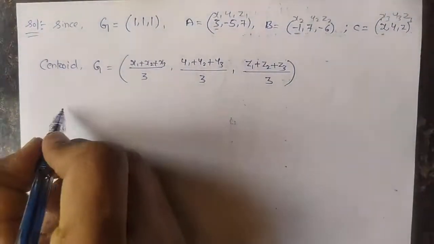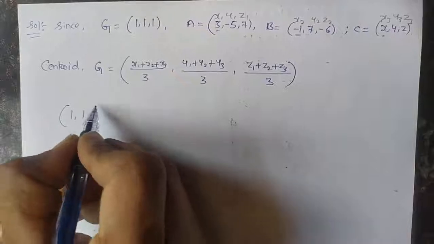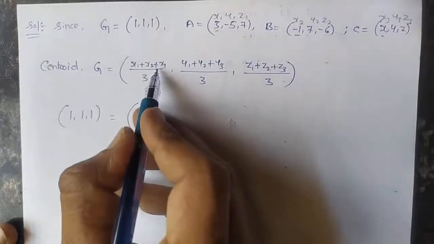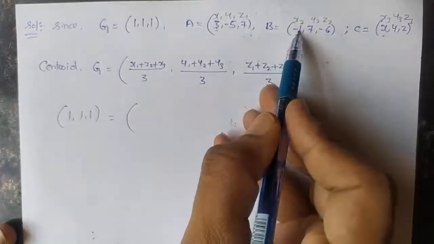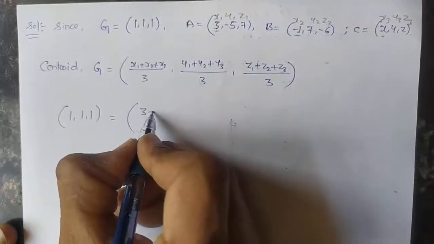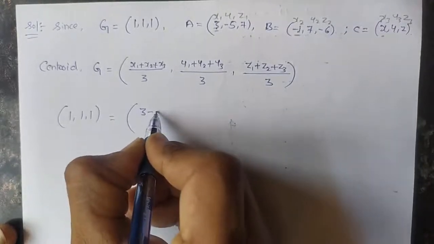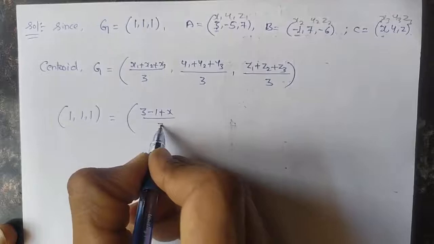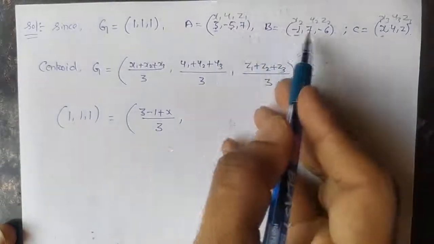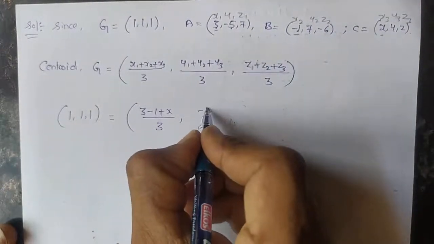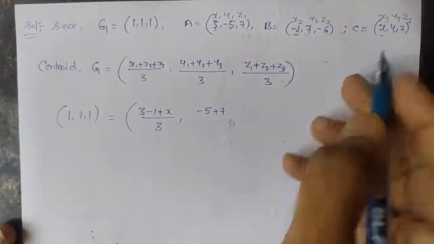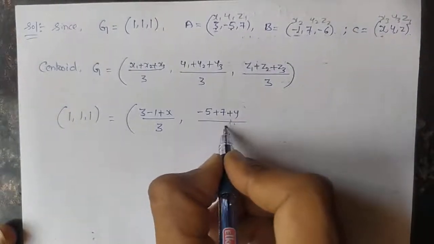G is given, G is what? 1, 1, 1 equals to x1 plus x2 plus x3 by 3, so 3 minus 1 plus x divided by 3. Next, minus 5 plus 7 plus y divided by 3.